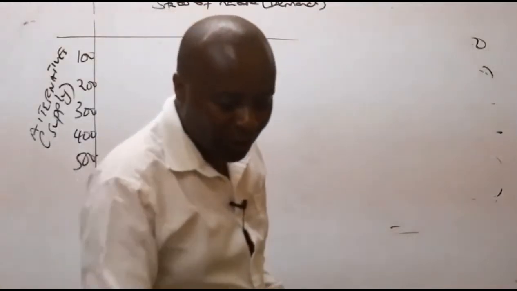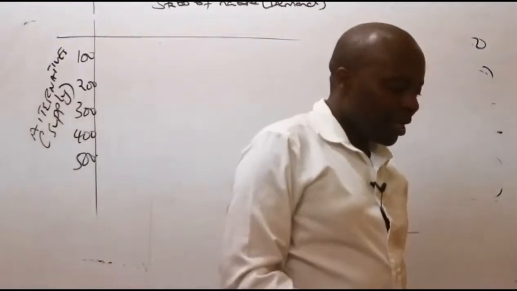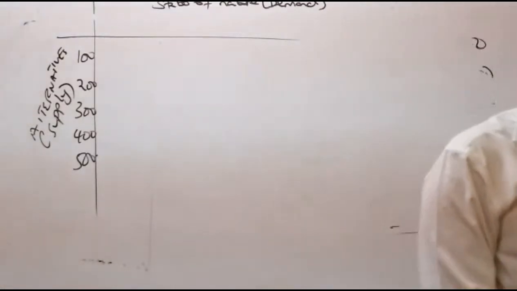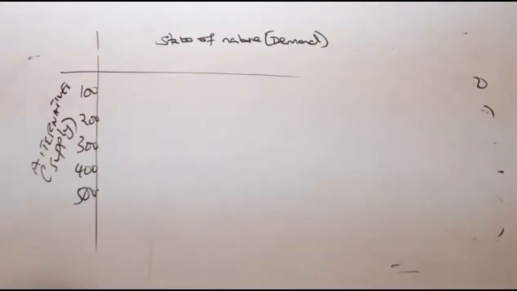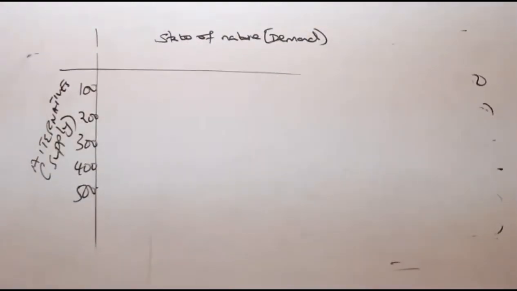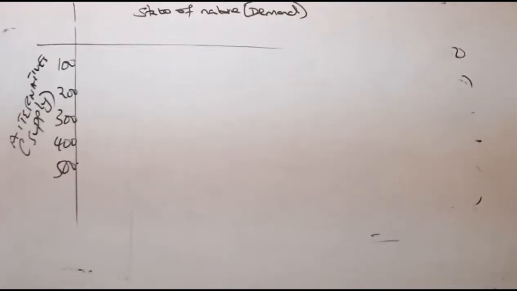Now listen, ladies and gentlemen, how do we get to know the demand amount? Unless you're told otherwise, remember what you're told in economics: supply and demand should always be equal.